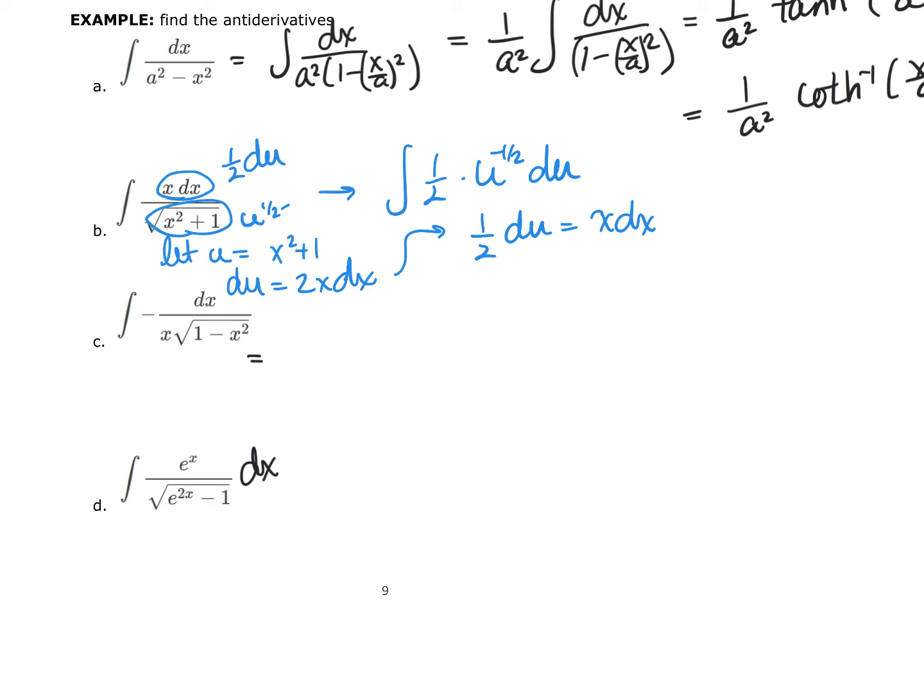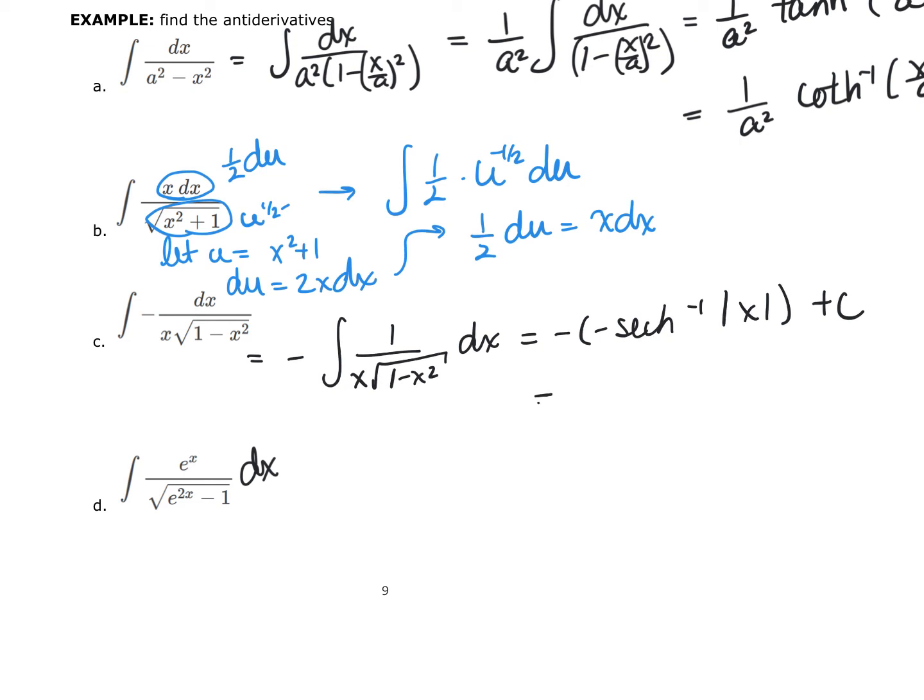Now, if I rewrite c as a negative of 1 over x, the square root of 1 minus x squared dx, then this becomes the negative secant hyperbolic inverse of the absolute value of x plus c. So in other words, this is just the hyperbolic secant inverse of the absolute value of x plus c. So that's really nice.